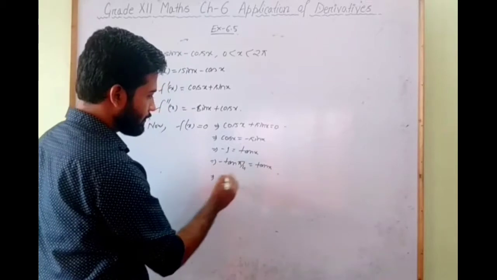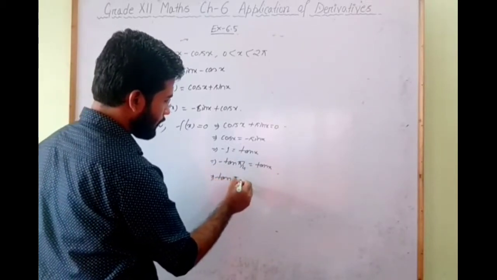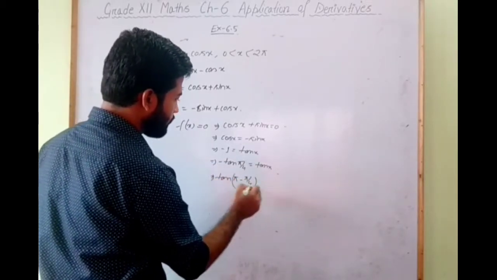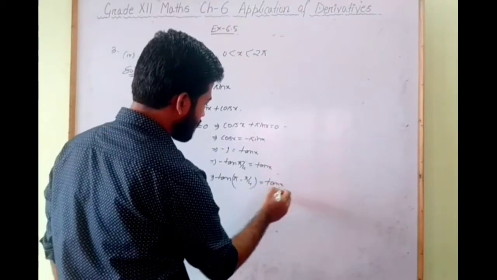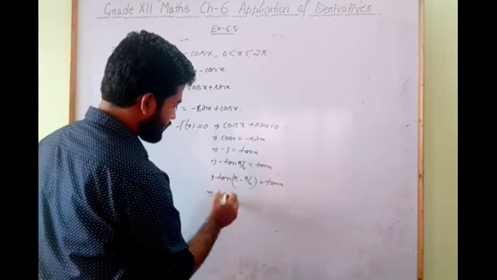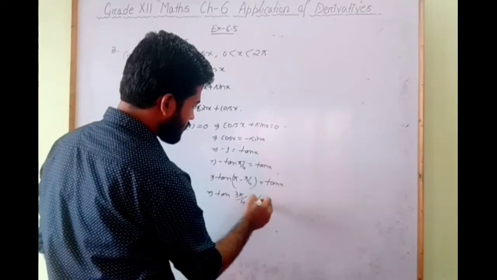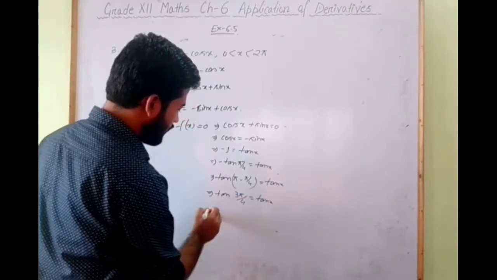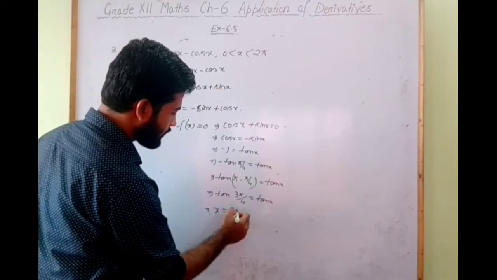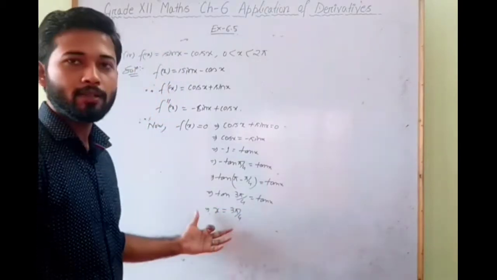Since there is a negative, I can take tan of pi minus pi by 4, which will be equal to tan x, and hence I get tan of 3 pi by 4 is equal to tan x, and thus we are getting the value of x as 3 pi by 4. So this is our critical point.